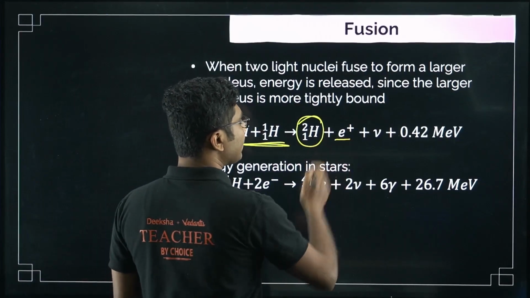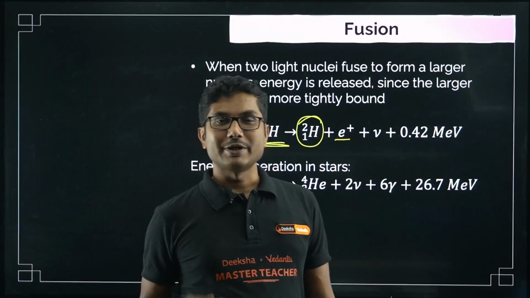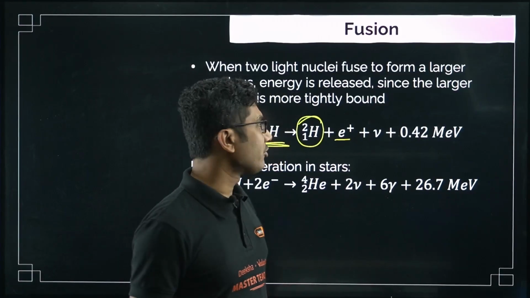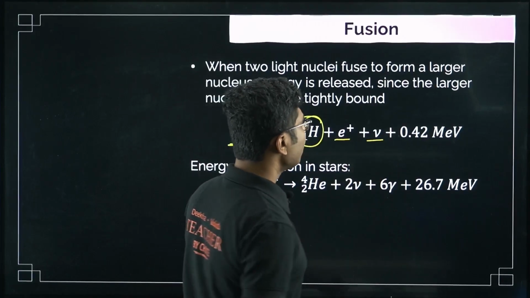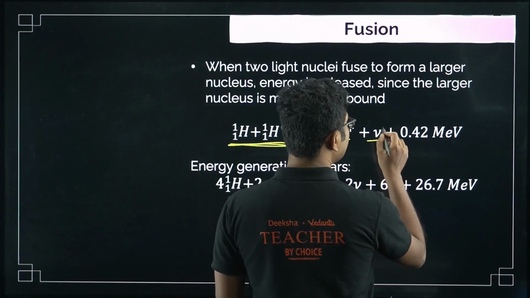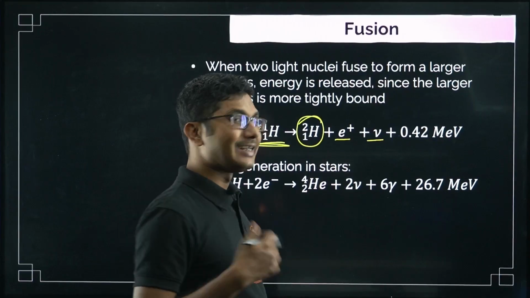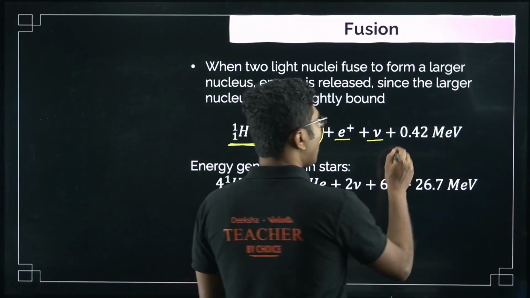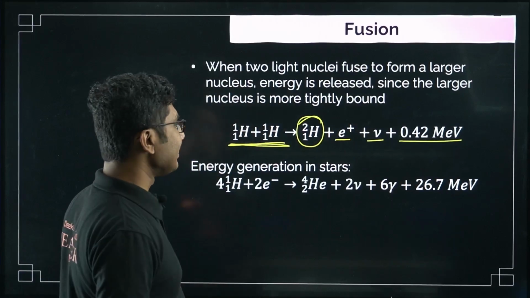And it gives you one positron. E plus represents positron, E minus is electron, E plus is positron. Nu is the neutrino, not radiation, and nu bar is the antineutrino. 0.42 MeV is the energy that is released in this process.